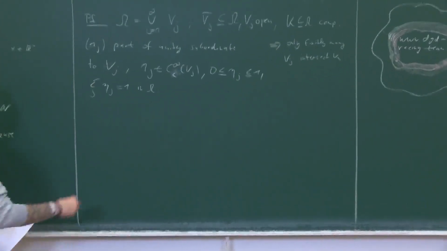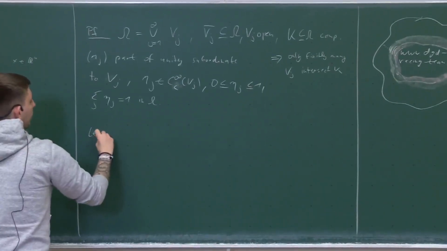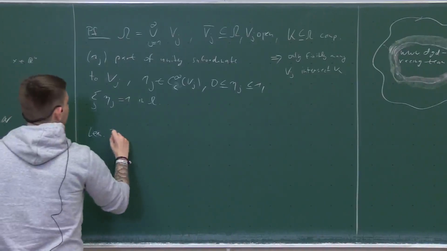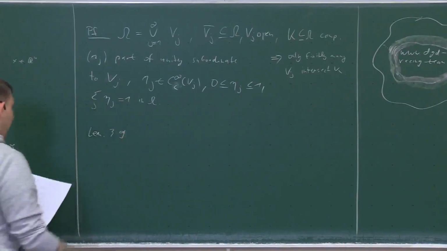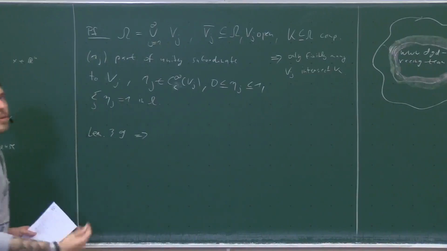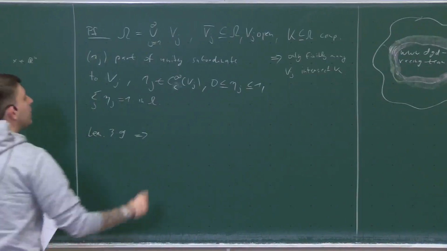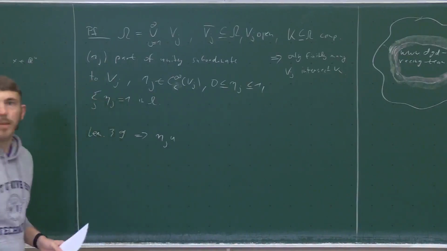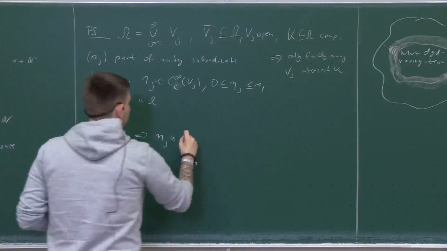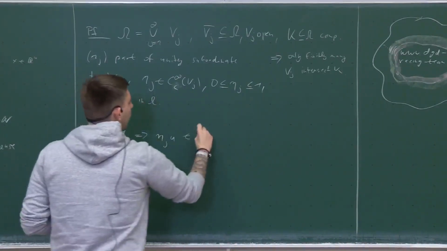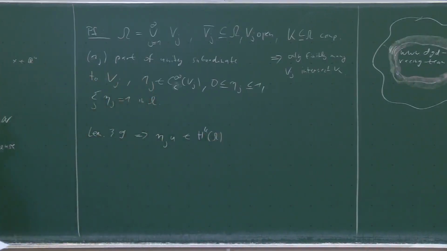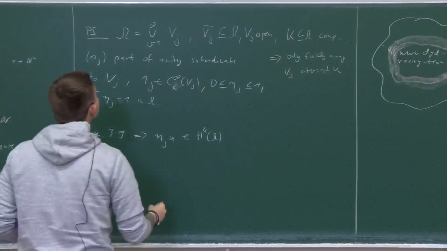Okay, and what we can do now is, first of all, we use a lemma from lecture 3, namely lemma 3.9, and some form of product rule. This tells us that eta j multiplied with u is an Hk function on omega.